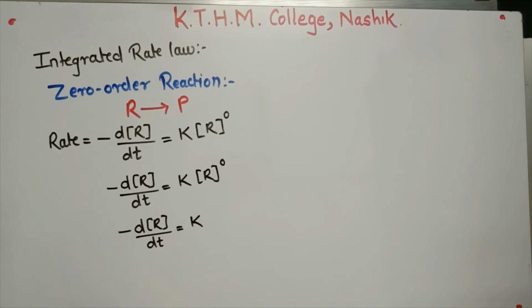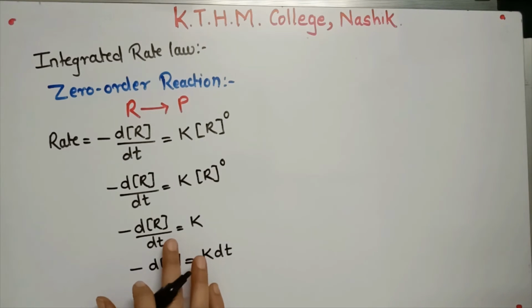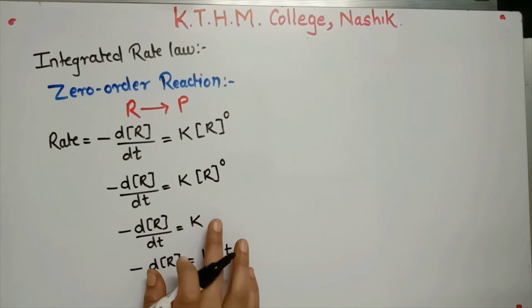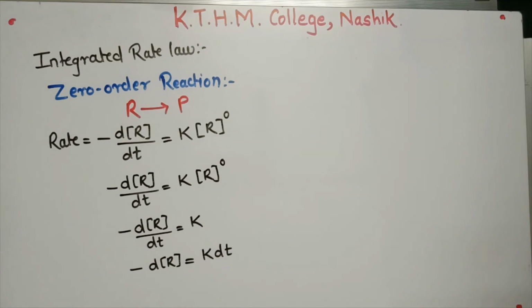K into 1 is K. So now minus dR is equal to K dt. Here dt is in the denominator, that means on the division side. When it moves to the other side of the equal sign, it becomes multiplication.